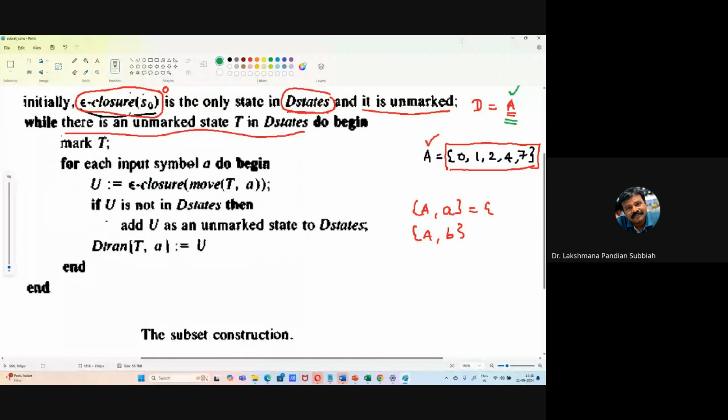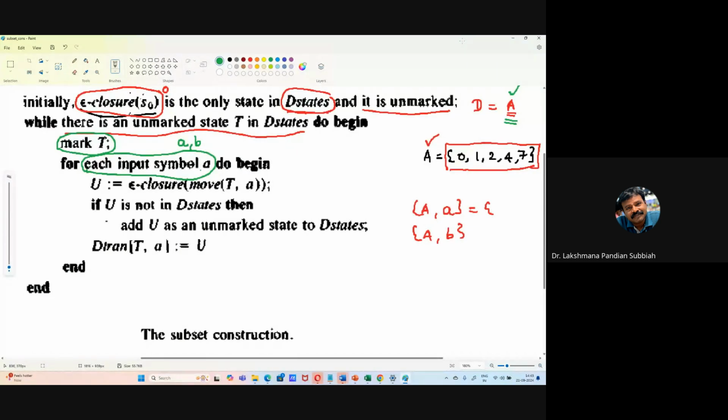Next, for each input symbol A, which in our problem is A comma B, these are the input symbols.